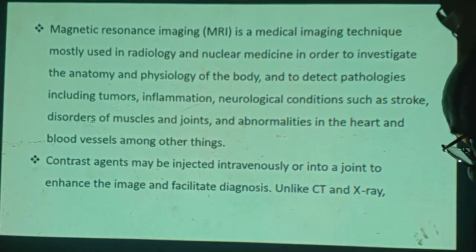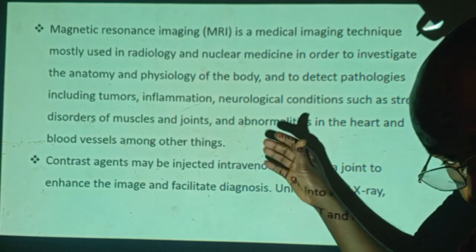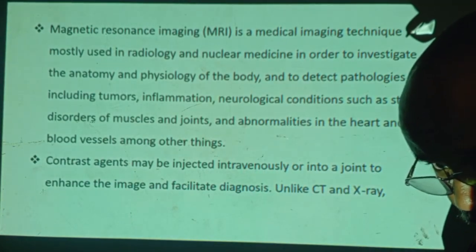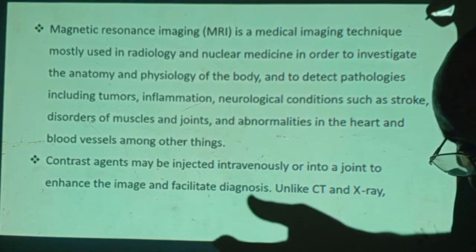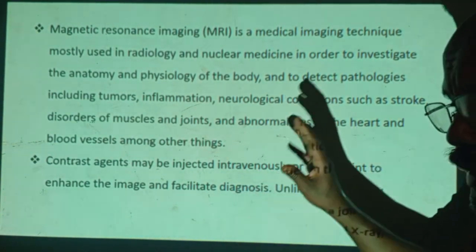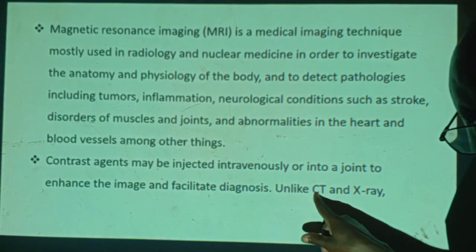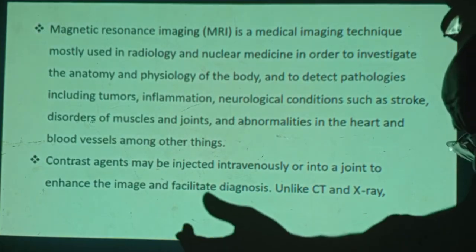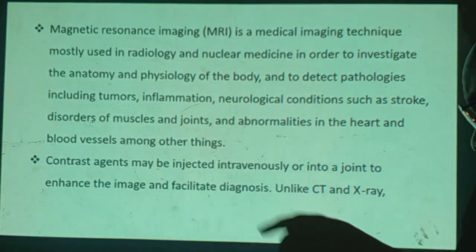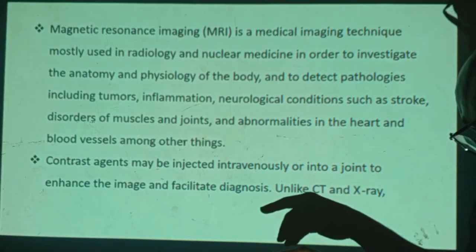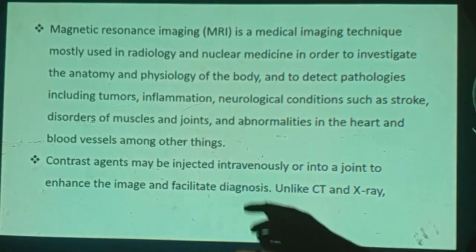Contrast agents may be injected intravenously or into a joint. You are not injected with a radioactive element-labeled glucose or any other such material, but you are given a dye, a coloring substance, through injection, which gives contrast, to enhance the image and facilitate imaging.